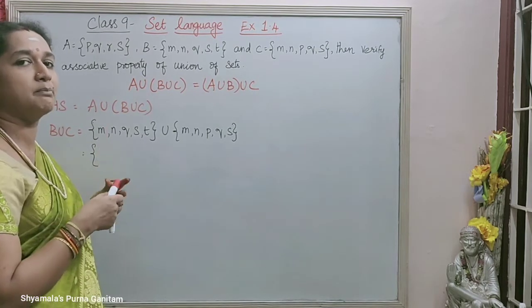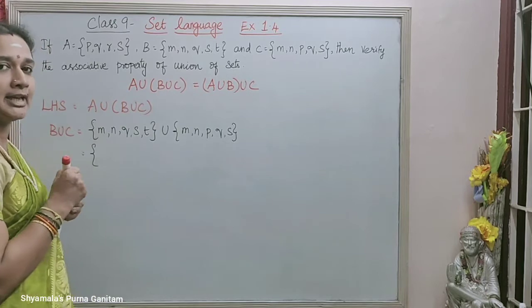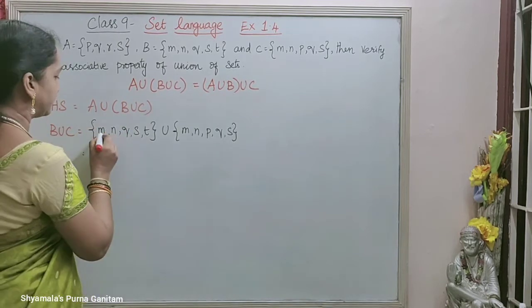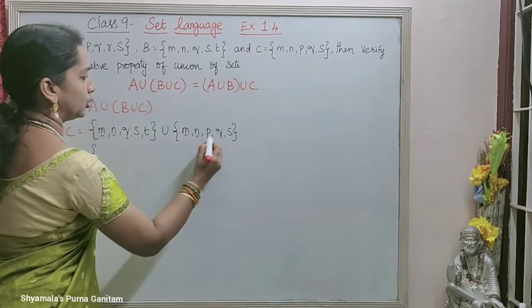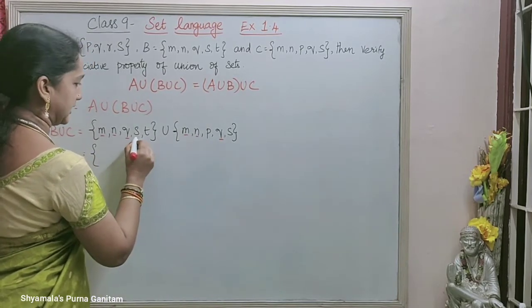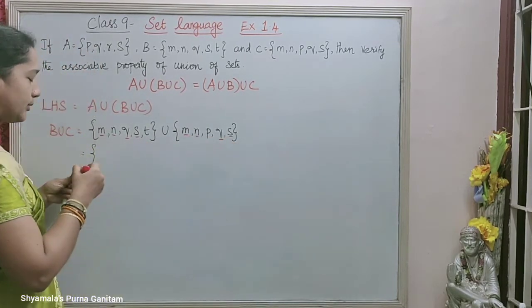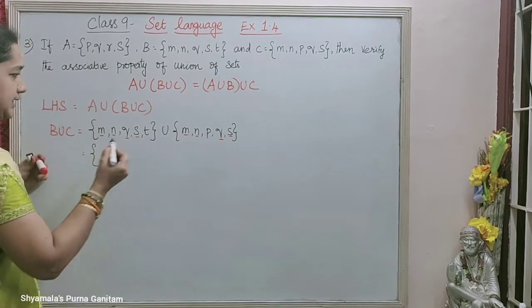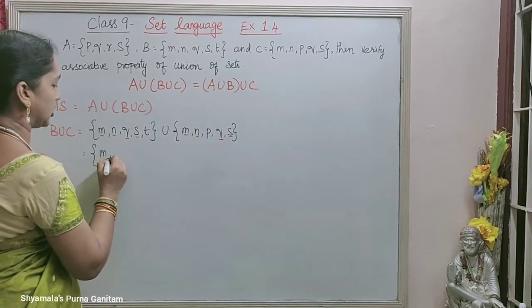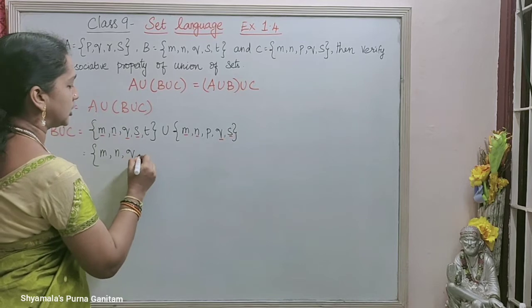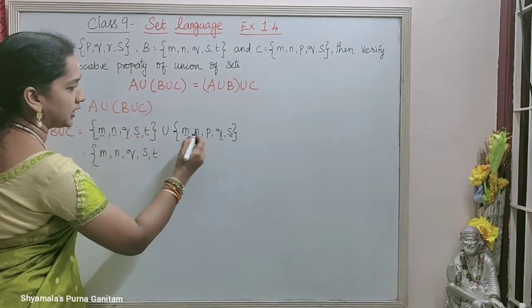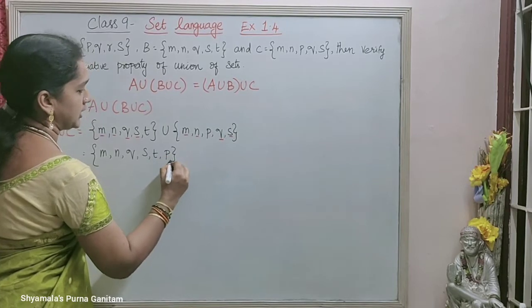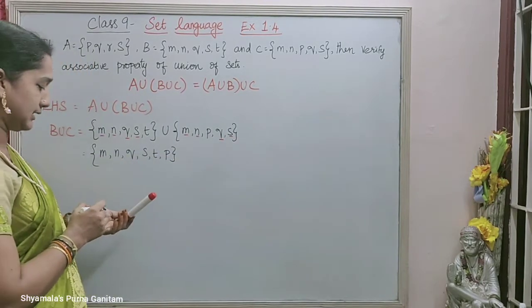Union means when you combine the two sets, common elements you write only one time. The common elements are M, N, Q, S. So we write M, N, Q, S, T, and one more thing is P. So this is B union C.